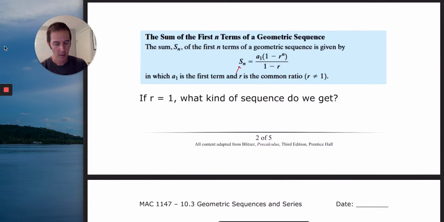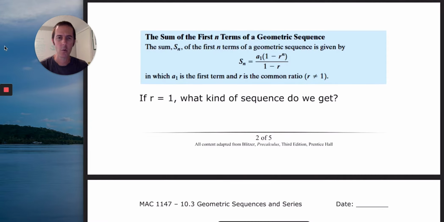We're summing n terms. We need to know the first term, a sub 1 is there. We need to know r, the common ratio, and we need to know which term we're trying to find, the nth term. And we're being told that this is applicable where a sub 1 is the first term and r is the common ratio and r does not equal 1.